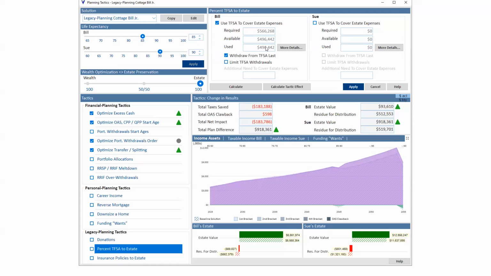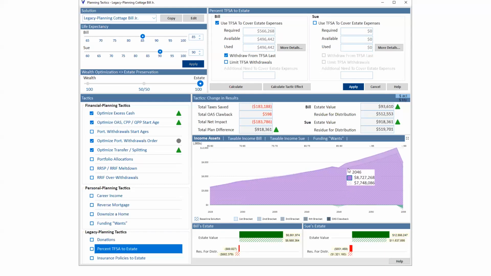And the important point here, of course, is that money's coming out of the TFSA tax-free, which, by the way, means we don't have to buy an insurance policy, which would be with after-tax dollars, which would then reduce the retirement lifestyle. So you can see down here for Bill's estate that the negative residue drops from $582,000 to just $70,000.